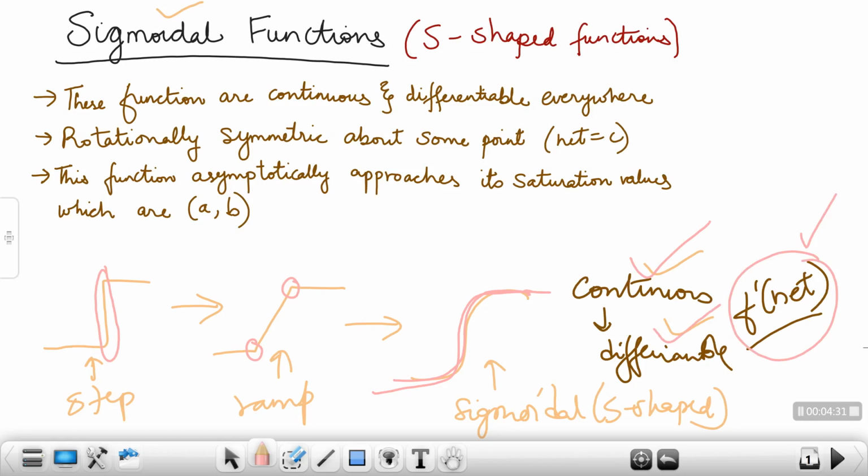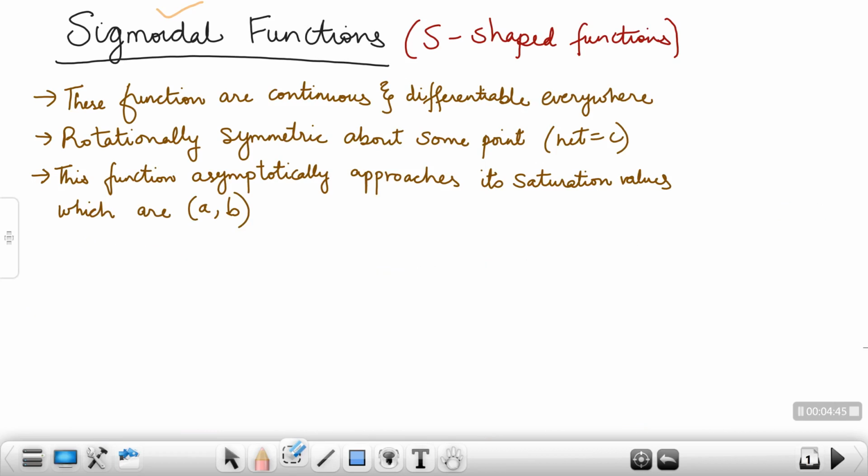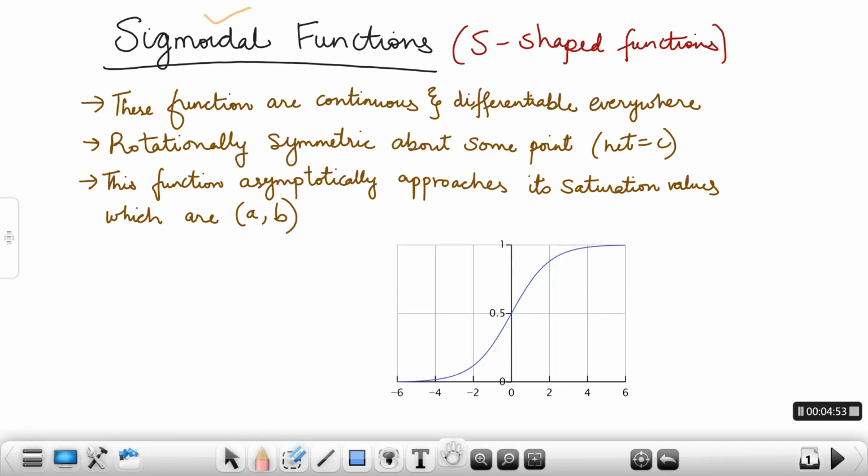That is what we call the sigmoidal function. Is that clear? The function is continuous and differentiable everywhere, as we have seen from the graph.